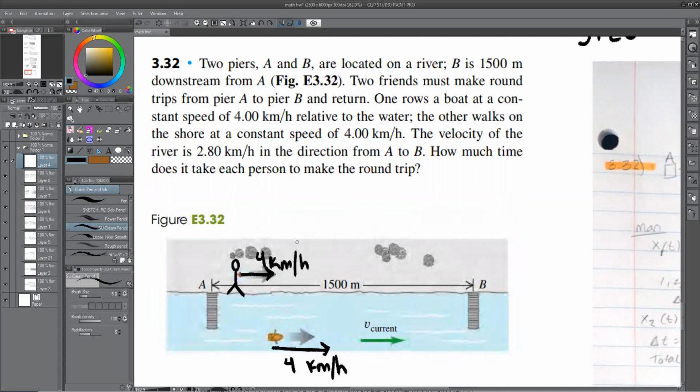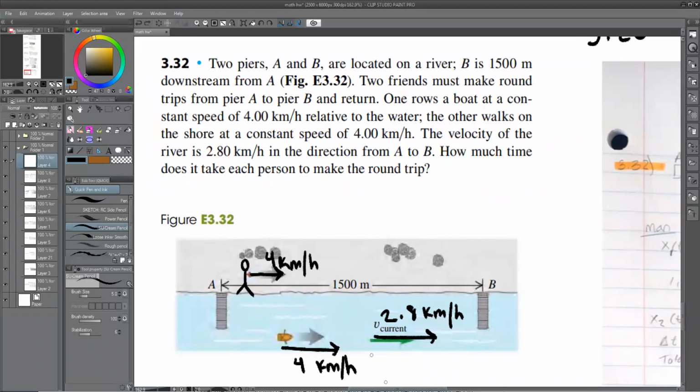The velocity of the river is another thing that we have to account for, and it is 2.8 kilometers per hour in the direction from A to B. So the velocity of the river is helping this little boat. How much time does it take each person to make the round trip?